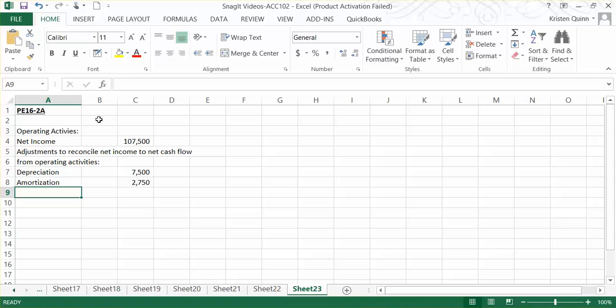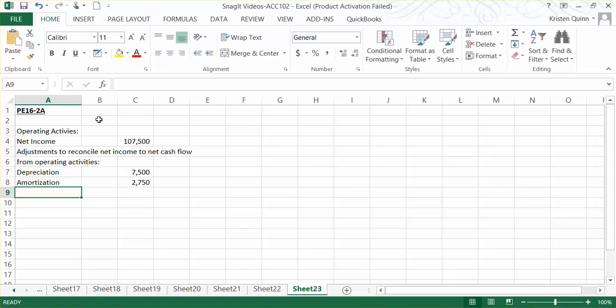We then need to look at any gains and losses that we have on our income statement. And in this case, they show a $4,000 loss from the sale of our land. Any purchase or sale of any non-current asset is dealt with in our investing section of our statement of cash flow.